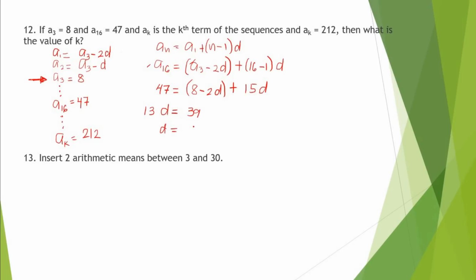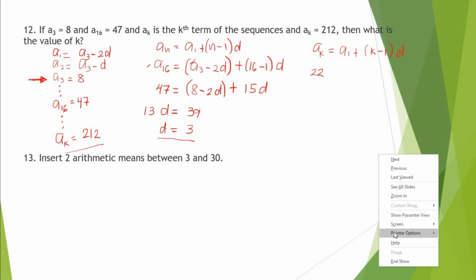Our D is equal to 3. Okay, since we already know our D, we can now determine our k given this information here. Our Ak is equal to A1 plus k minus 1 times D, which is similar to this equation here. So our Ak is 212. Let me erase this first.